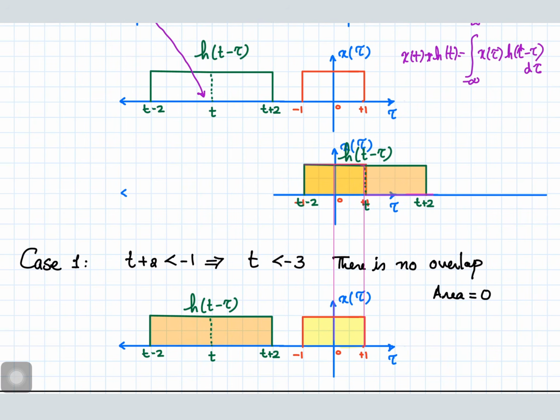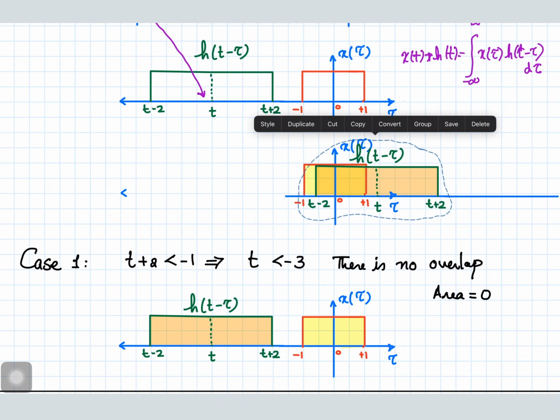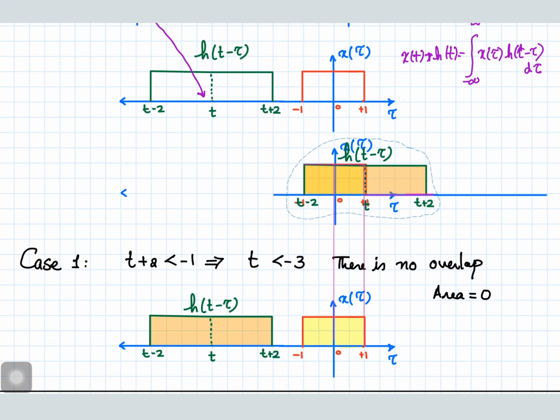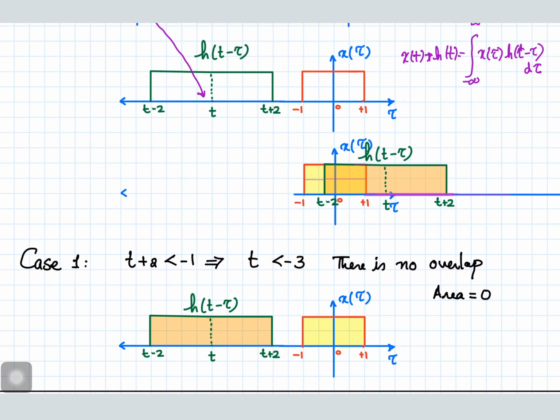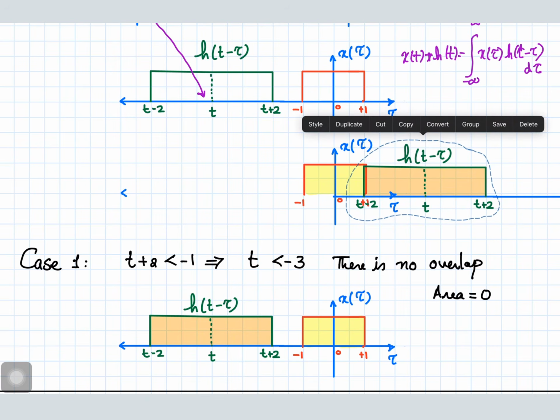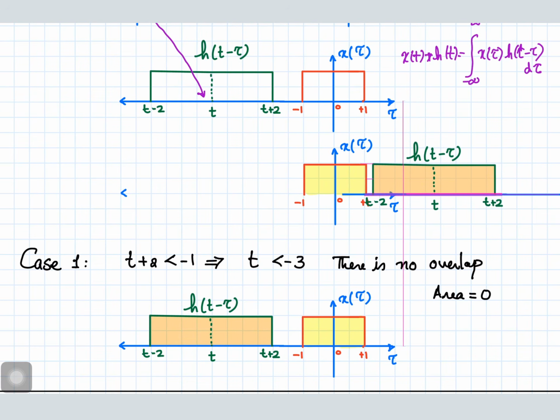And then when this signal will be moving away from that one, when t minus 2 is greater than -1, so now area overlap will be decreasing. So our limits of integration to work out the area will be from -1 to t minus 2. And as this t minus 2 will be moving onward till the point when the t minus 2 becomes equal to 1, area overlap will be there, and after that there will be no area overlap.